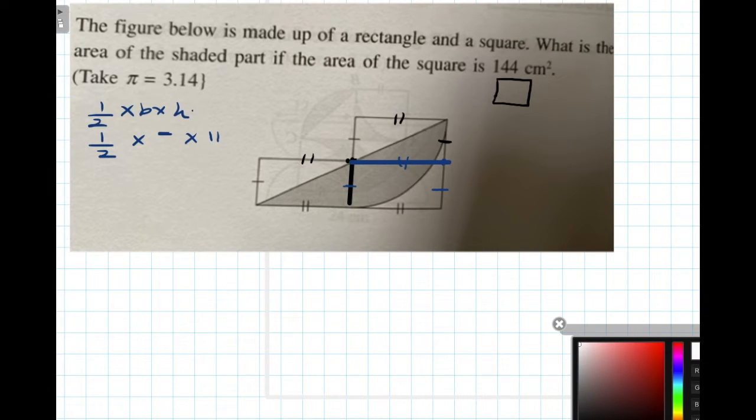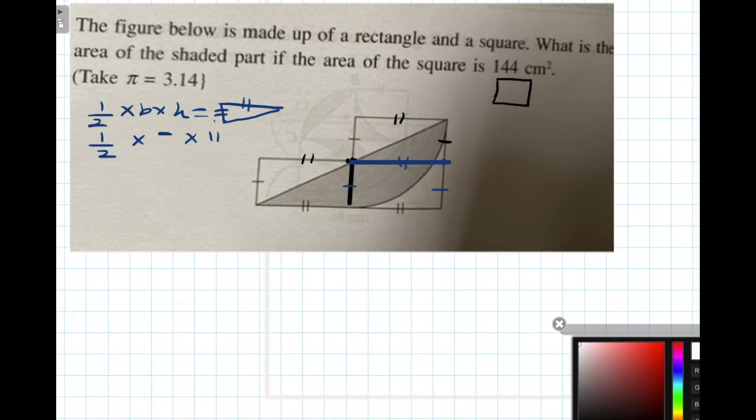This is the area of the triangle here. And then you know that this area is the same as this area here, correct or not? And then this triangle is also the same as this triangle here, correct? So why not I just move this shaded triangle up to here, and then move this unshaded triangle down here, because the area is the same, right?